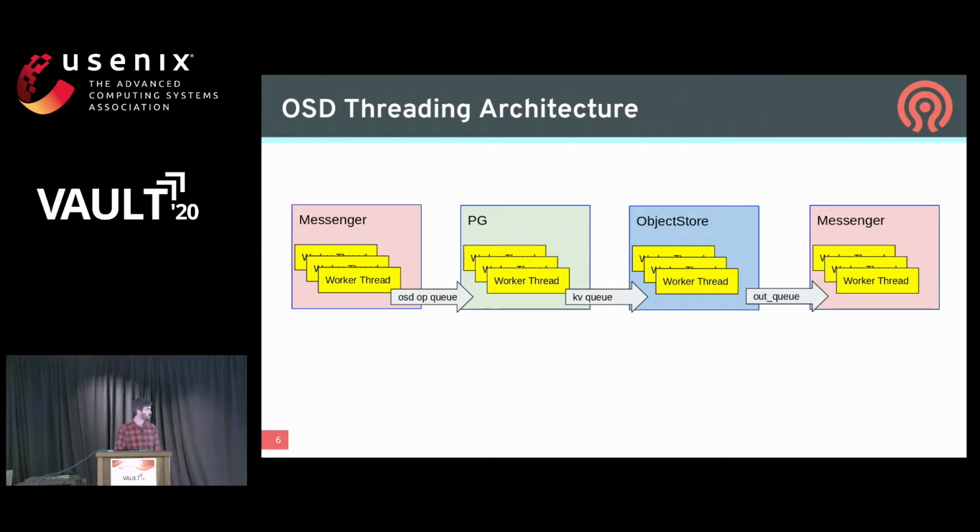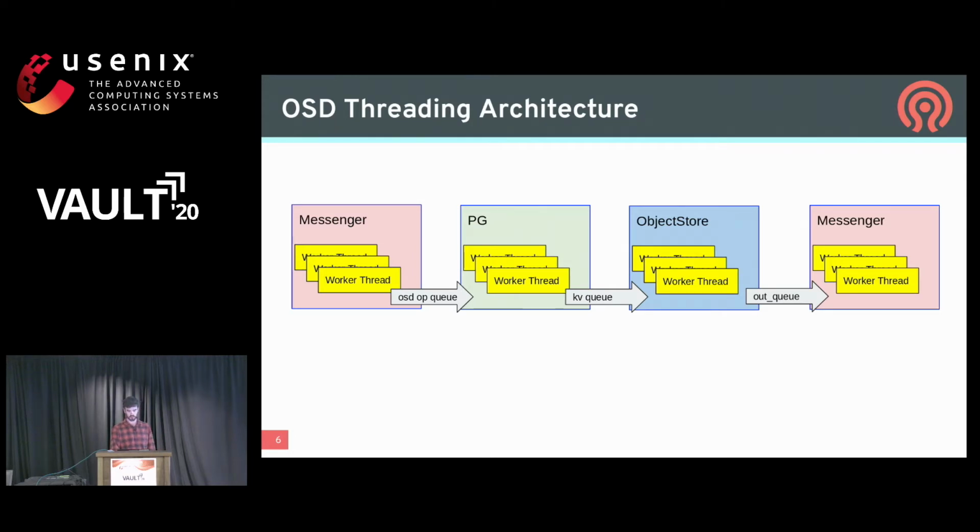Then we have the PG, which reflects the in-memory blob of state the OSD uses to make decisions about op ordering and, for instance, whether an op needs to wait for an object to be recovered, or whether a read on a particular object needs to wait for a write to finish before it can continue. Then we have the ObjectStore, which for all practical intents and purposes at the moment means BlueStore. That includes all of the writing to disk and transactional correctness that we need to actually do I/O. And then finally, the messenger again for replying back to the client.